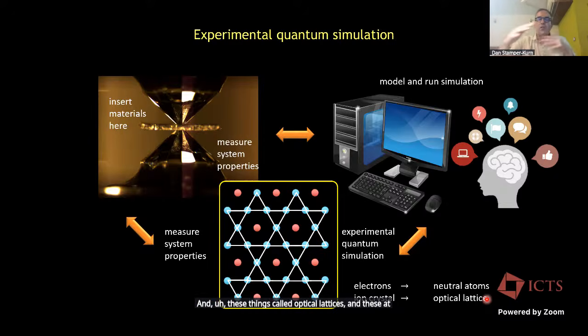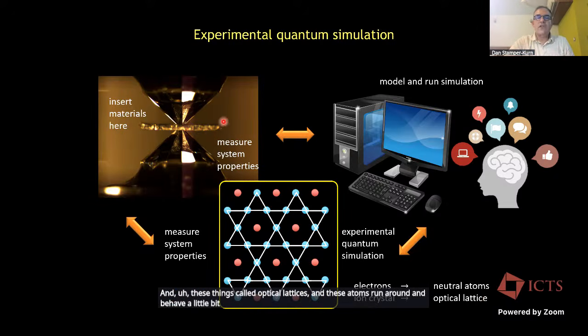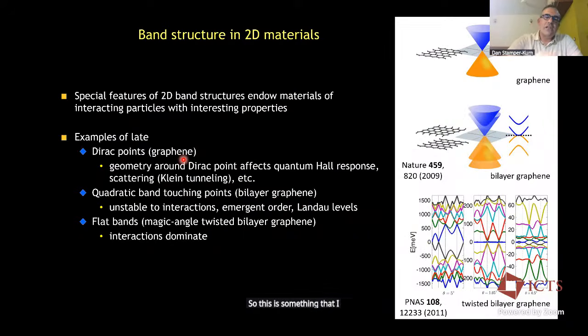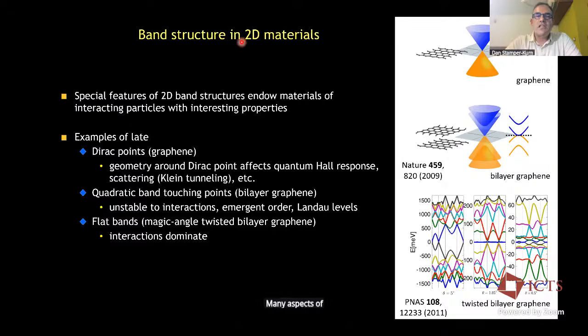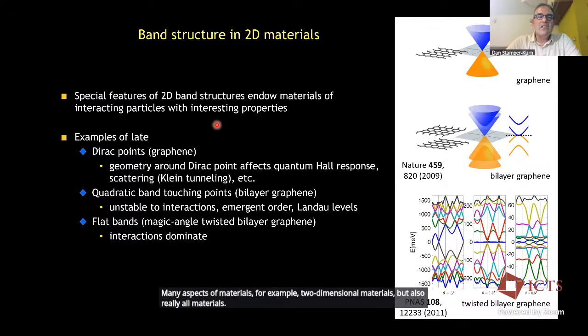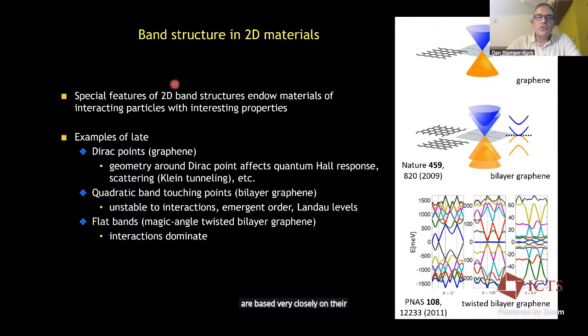And these atoms run around and behave a little bit like the electrons inside of material and give us insight on how materials operate. So this is something that I mentioned yesterday at the ICTS meeting where I spoke. I was pointing out that many aspects of materials, for example, two-dimensional materials, but also really all materials, are based very closely on their band structures.